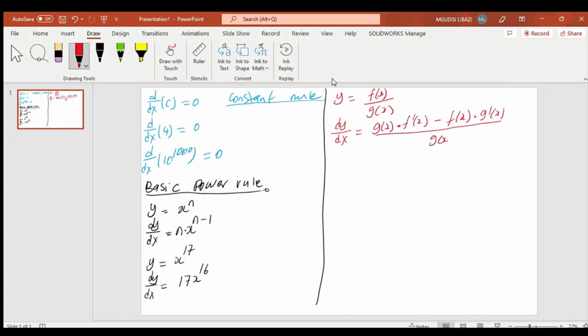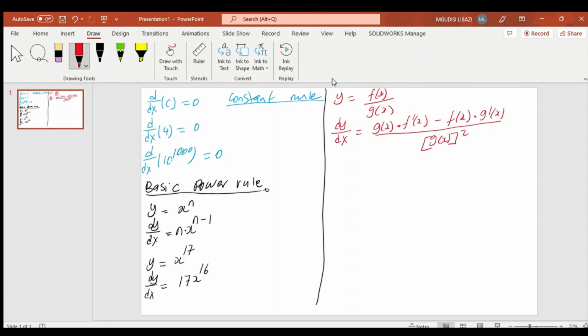You square the denominator. So it simply says that if you have a function over a function, you take the function in the denominator as it is and multiply by the derivative of the function in the numerator, and you subtract.